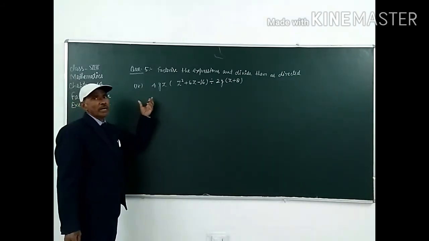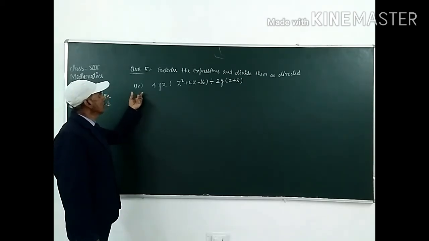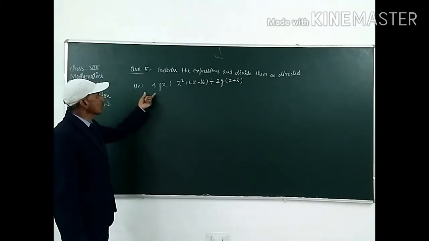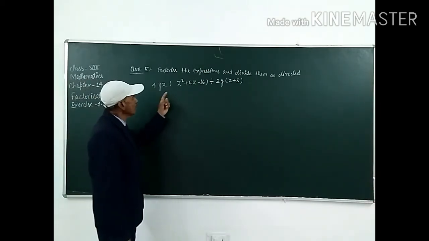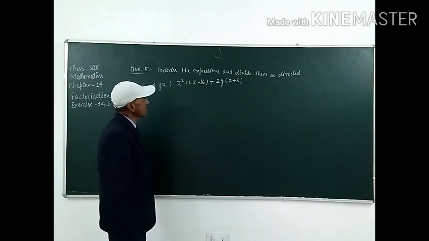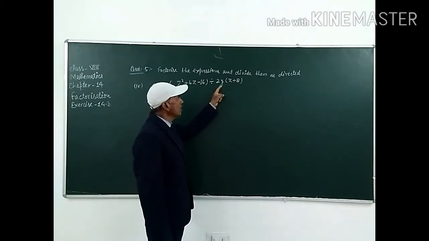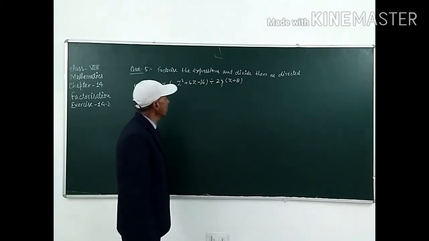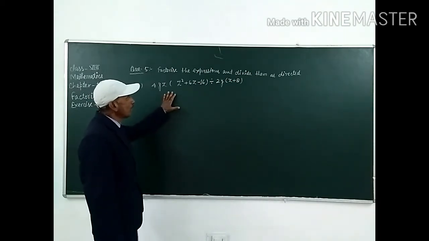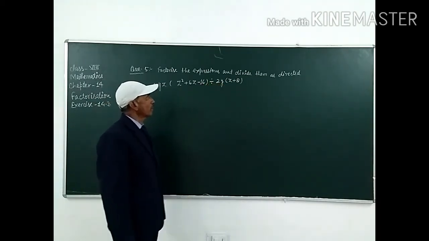There is one more part of question number 5, students, that is part 4. In this, 4yz into z square plus 6z minus 16 divided by 2y into z plus 8. We have to divide the first part by the second part.